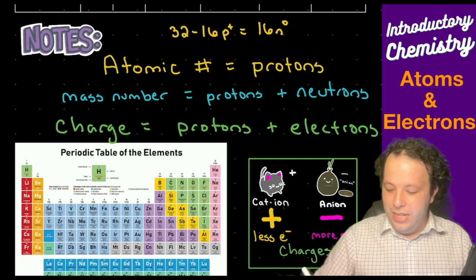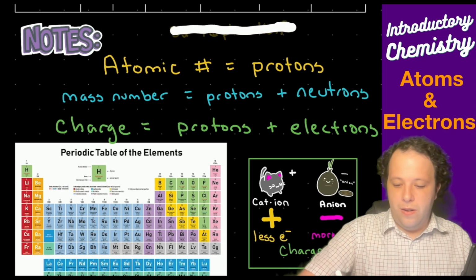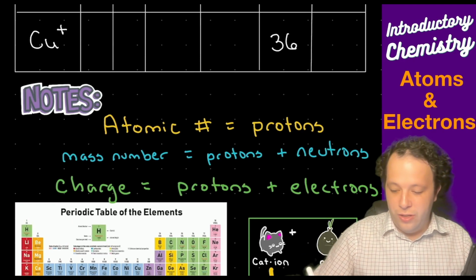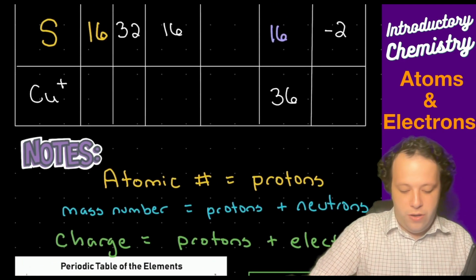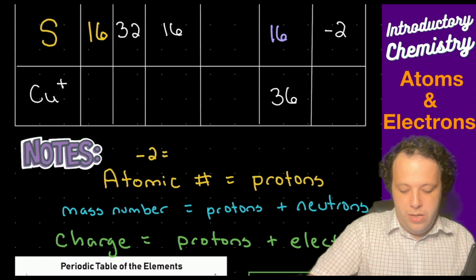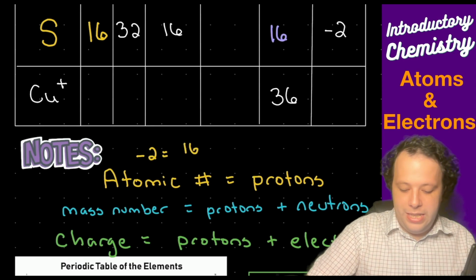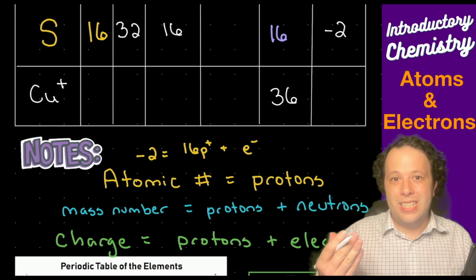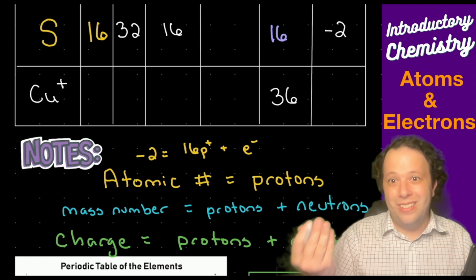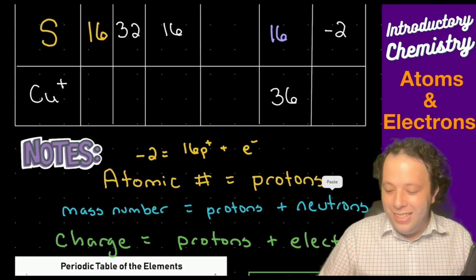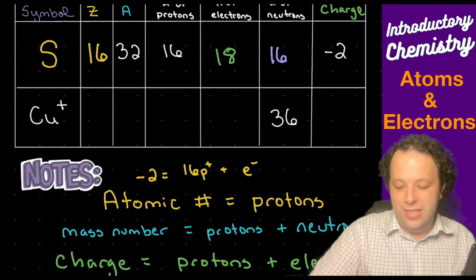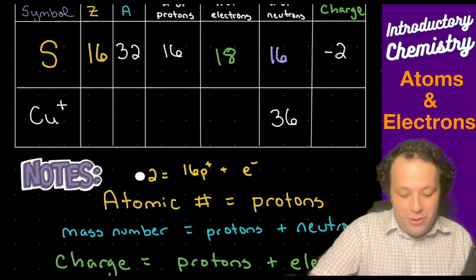Protons plus electrons equals our charge. So if we have a charge of -2, and we have 16 protons, we want to know how many electrons. If we do -2 minus 16, we get -18, which is 18 electrons, with a little algebra behind it. So 18 electrons, and that's how you fill these out.